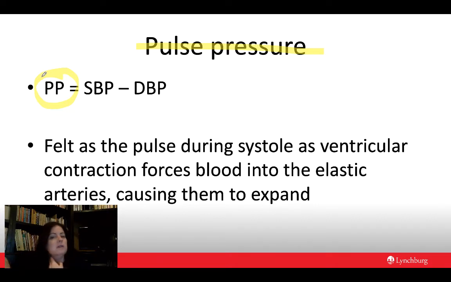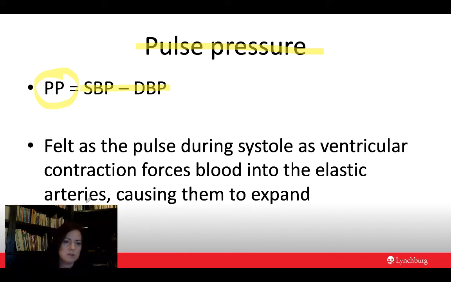When you palpate the carotid artery, common carotid artery, or radial artery, you feel those fluctuations in pressure, and that's what you pick up as your pulse. And we can actually calculate a number for that. We take our systolic blood pressure and subtract our diastolic blood pressure from it, and that's going to equal our pulse pressure.